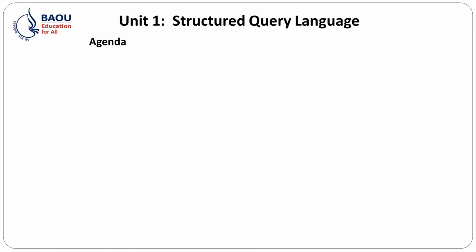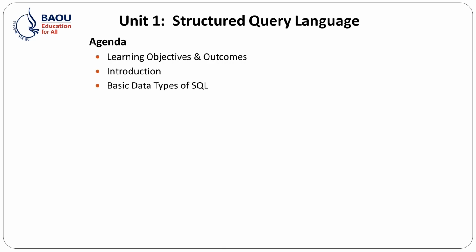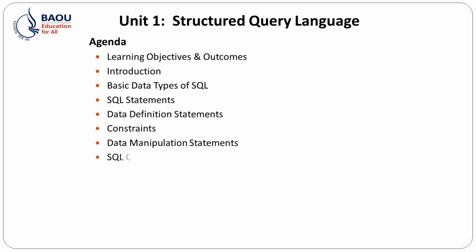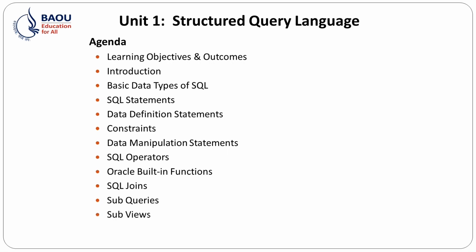First we see the agenda of Unit-1: learning objectives and outcomes, introduction, basic data types of SQL, SQL statement, data definition statement, constraint, data manipulation statements, data operators, Oracle built-in function, joins, subquery, views, index and sequences.